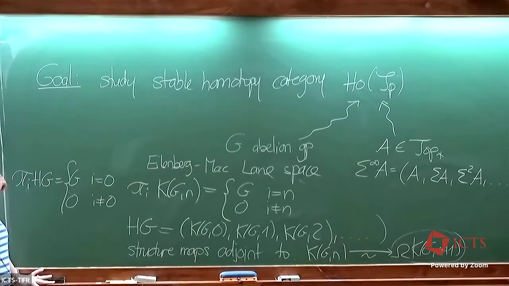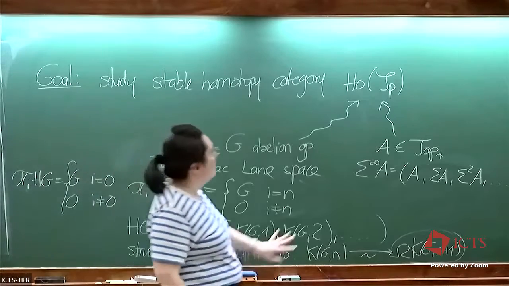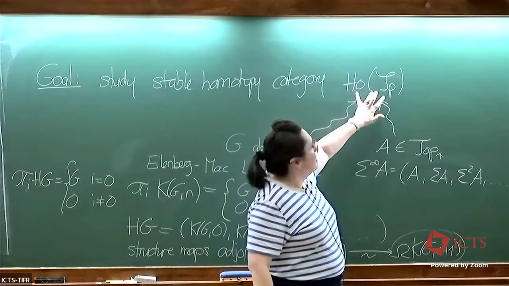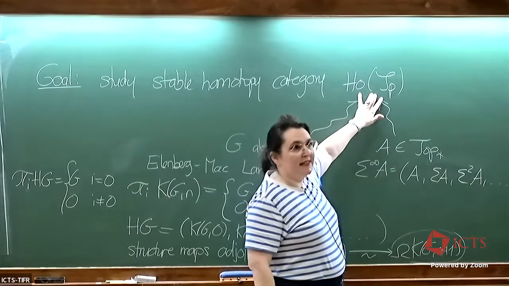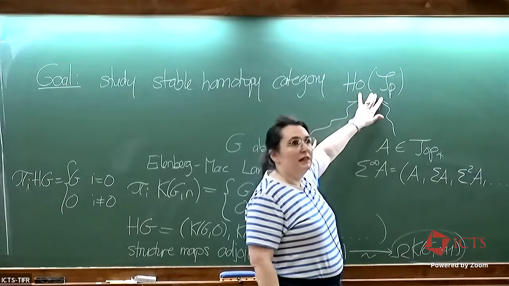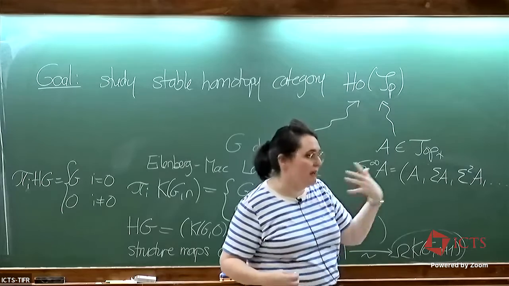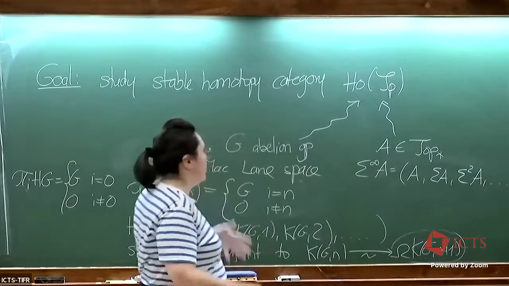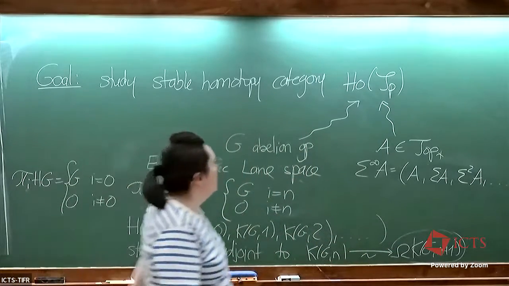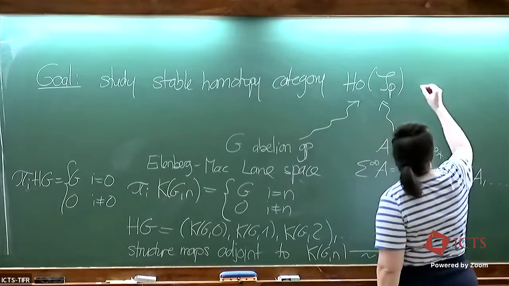Something else that I will say quite a lot is maybe a little more sophisticated, because there is the Brown representability theorem, which tells you that not only do the objects in here define cohomology theories, but also every cohomology theory has a representing spectrum. So what do I mean by that?